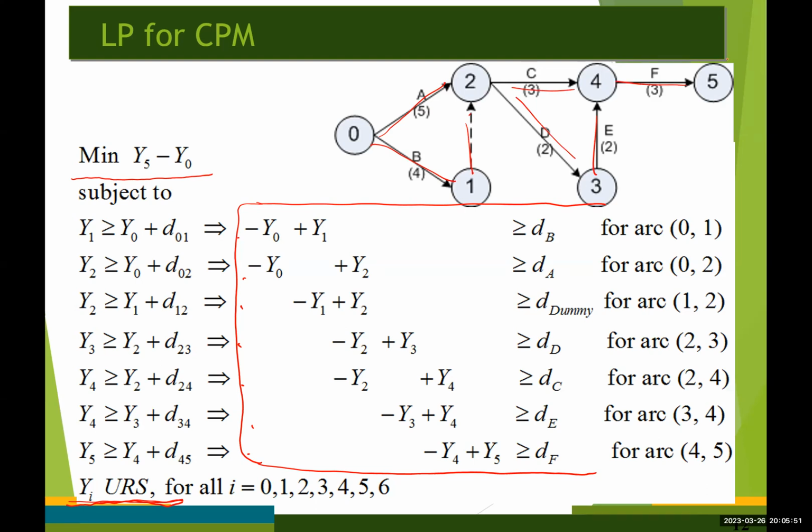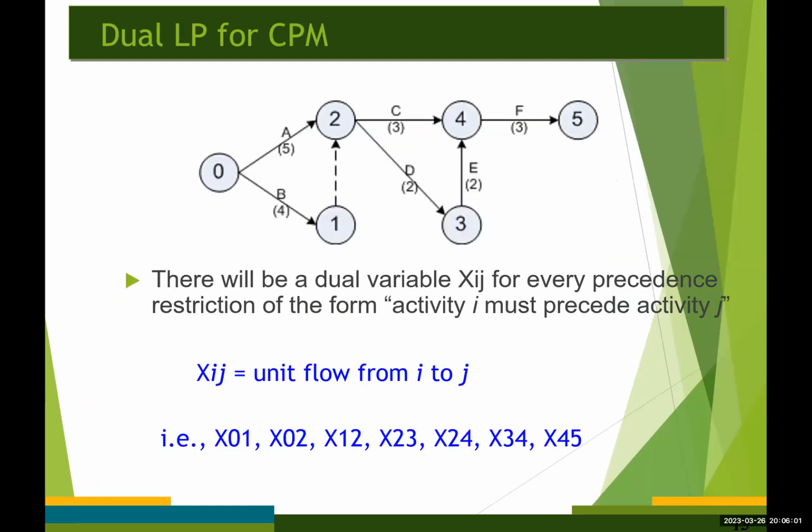So because we have 7 primal constraints, we must have 7 dual variables, right? Which means there will be a dual variable for every precedence relationship, precedence restriction of the form activity I must precede activity J.